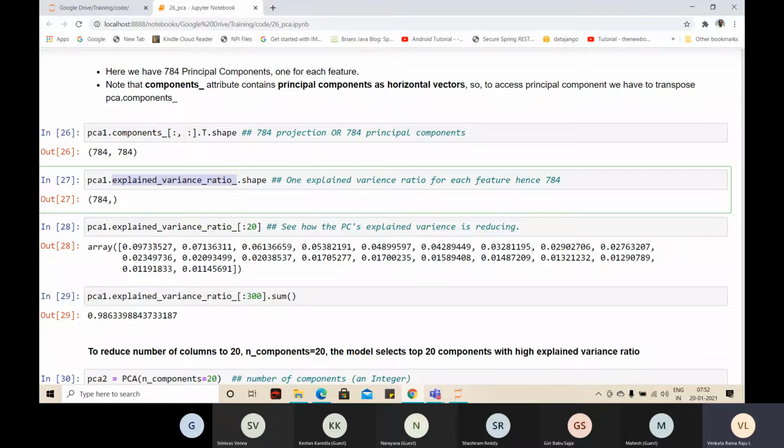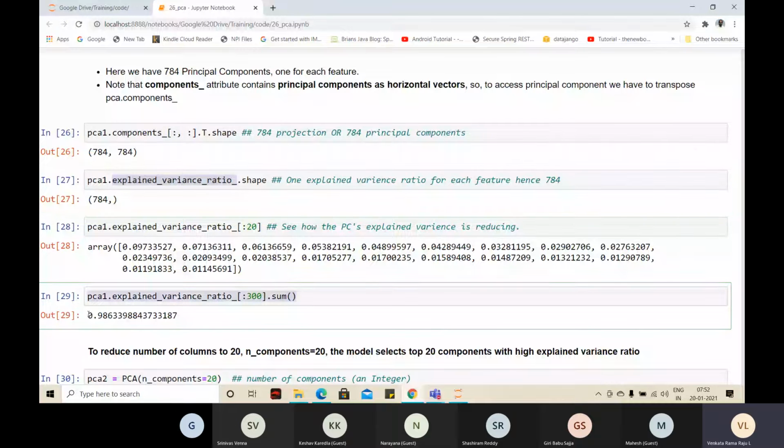The sum of how many components together gives you the desired explained variance ratio? If you want only 95%, you take till 95% only. Maybe 150 principal components may be useful.